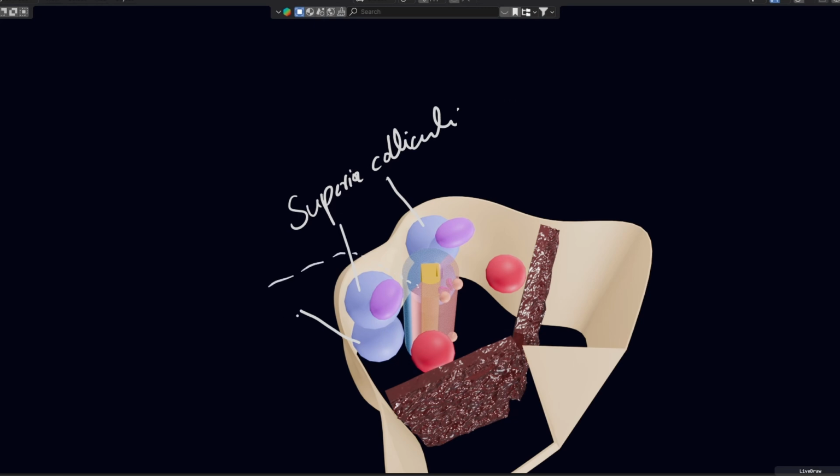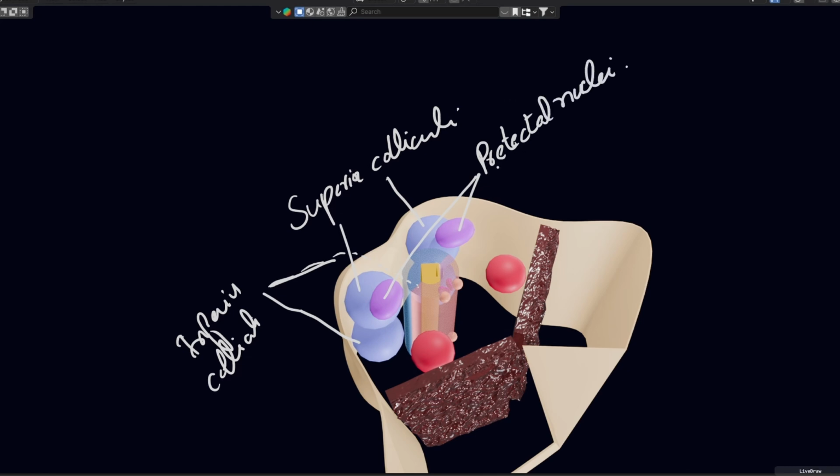These are the inferior colliculi, right? Of course they develop from the alar plate, and slightly superior to these colliculi we have what we call the pretectal nuclei.